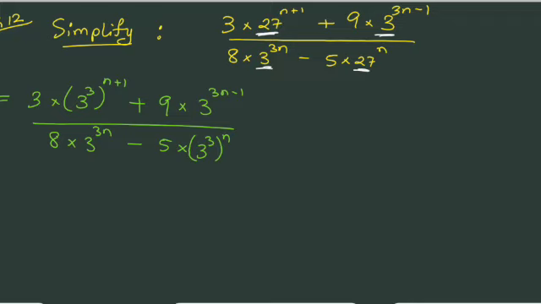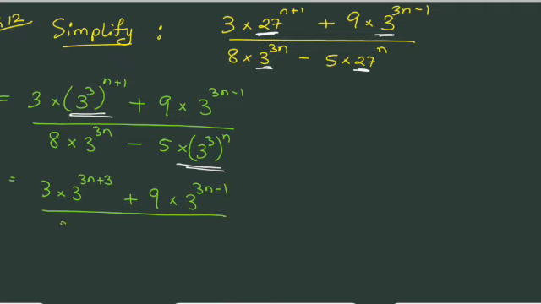Now at these two places, apply the rule power raised to power multiplication. 3 into 3 raised to 3n plus 3, 9 into 3 raised to 3n minus 1, 8 into 3 raised to 3n, 5 into 3 raised to 3n.